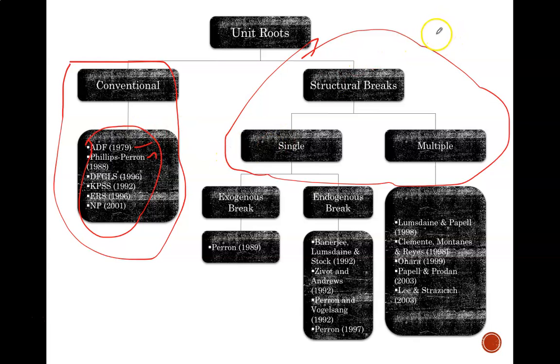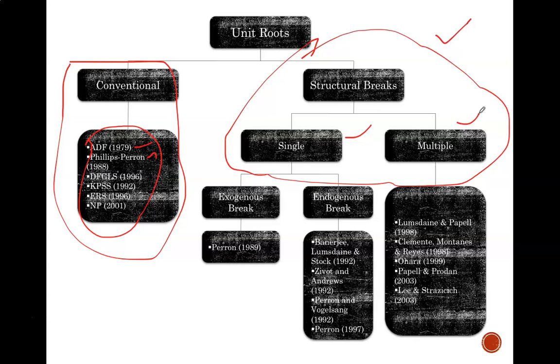On this side of the family tree of unit root, you have the structural break, and then you have single break and multiple break. What is that? I'll give you a simple example.